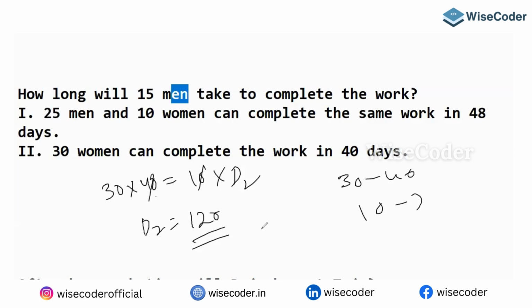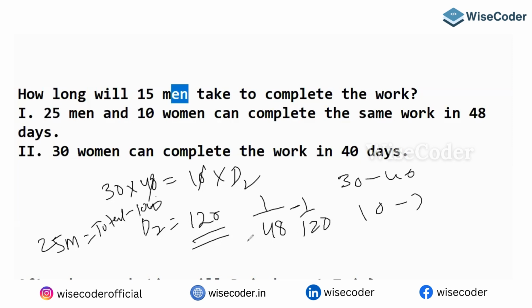So 48 will be 25 men and 10 women, right? Yes or no? So 25 men can complete a job in, that is nothing but, one day's work is 1 by 48 minus 1 by 120, because for 25 men, that should be the total minus 10 women only.